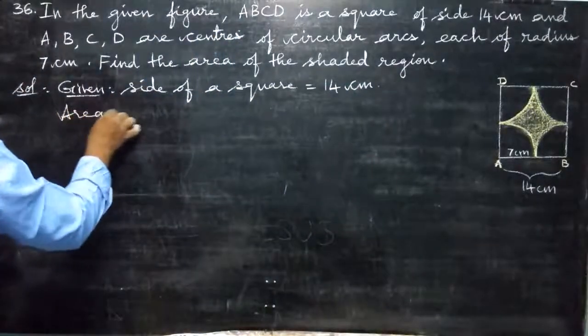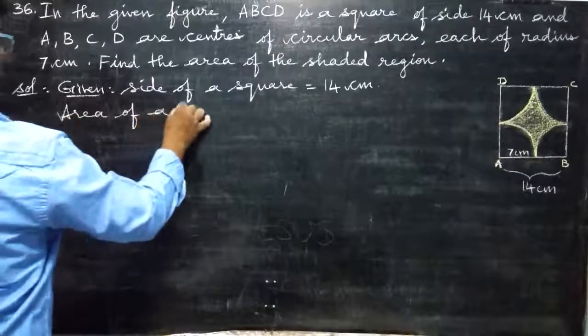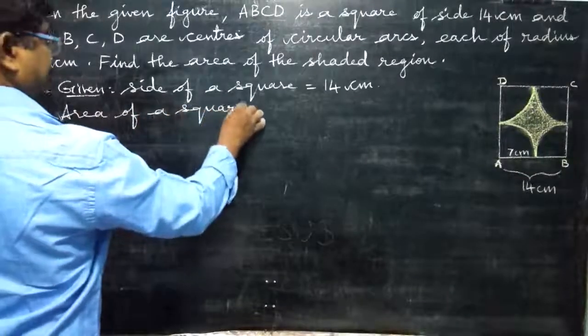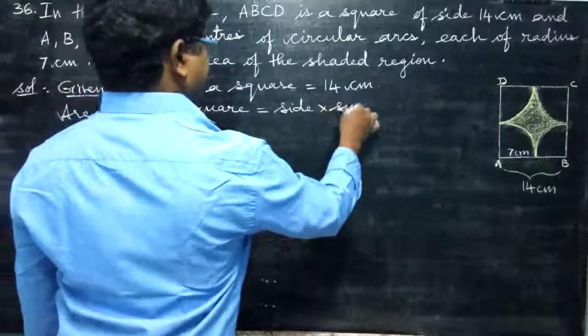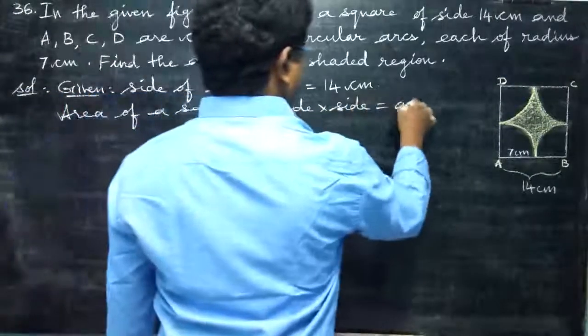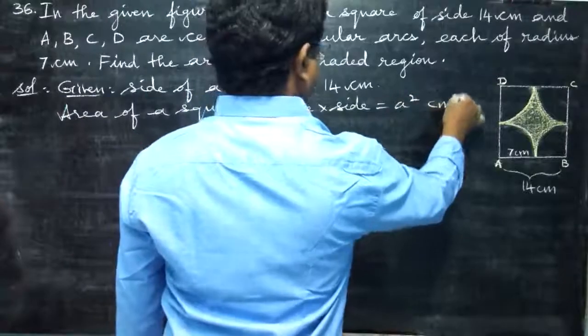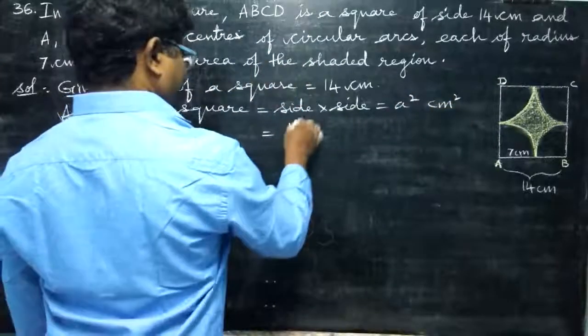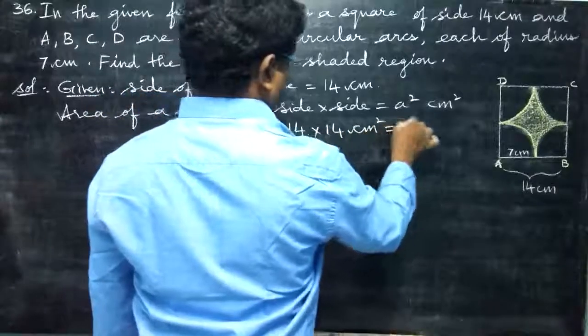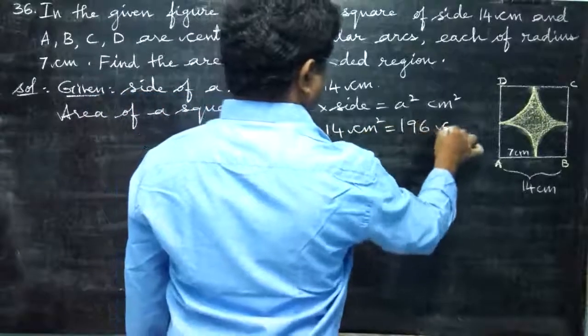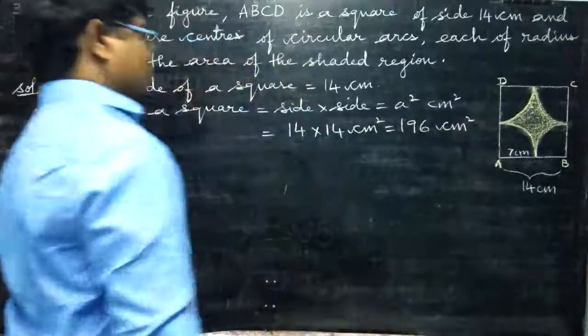Area of a square, side into side, or you can write as A into A, A square, centimeter square, that is equal to 14 into 14 centimeter square. 14 14 196 centimeter square.